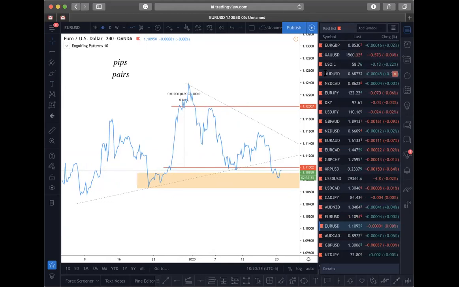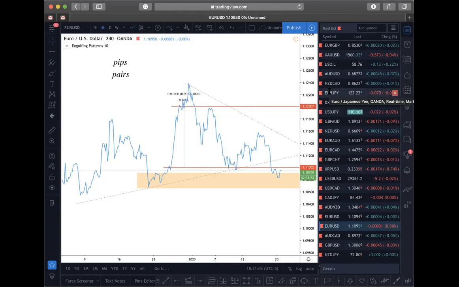For example, we have AUD USD, that's Australian dollar versus the US dollar. You can see it in the little pop-up here, right? NZD CAD would be New Zealand dollar versus the Canadian dollar. EUR JPY would be Euro versus the Japanese yen, right?